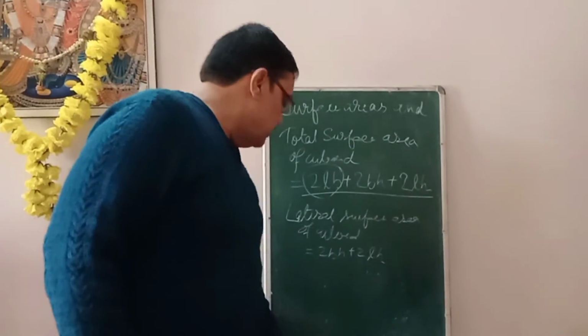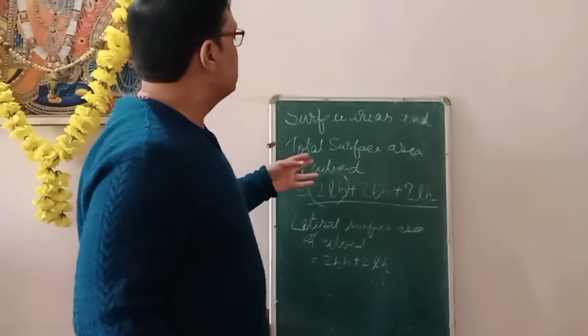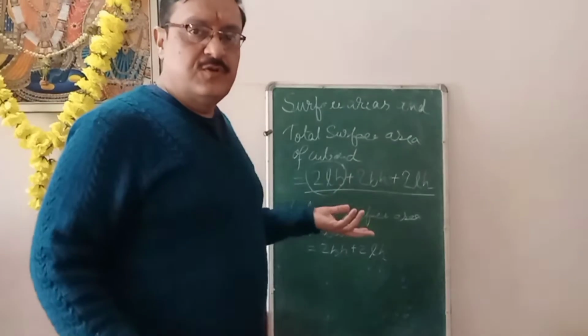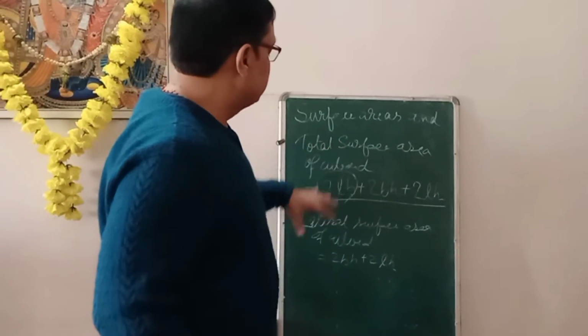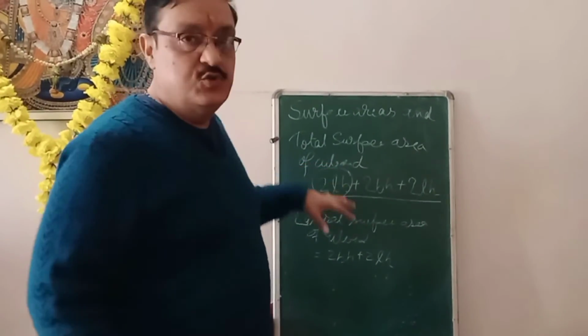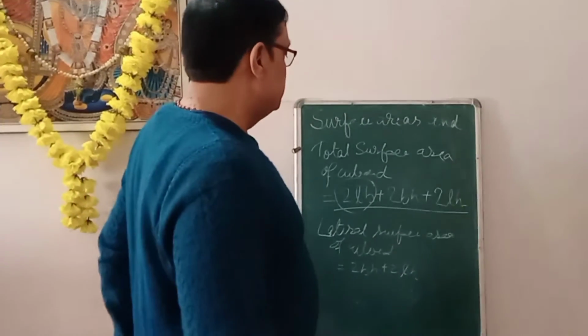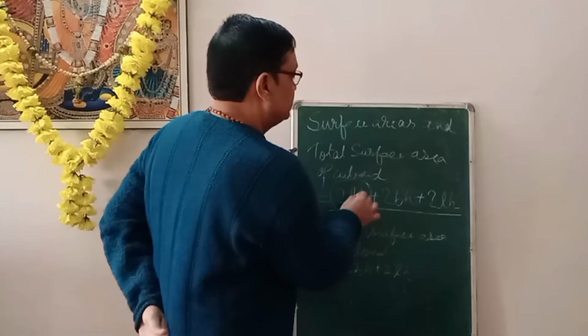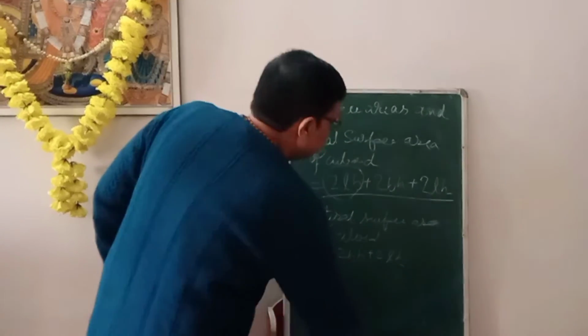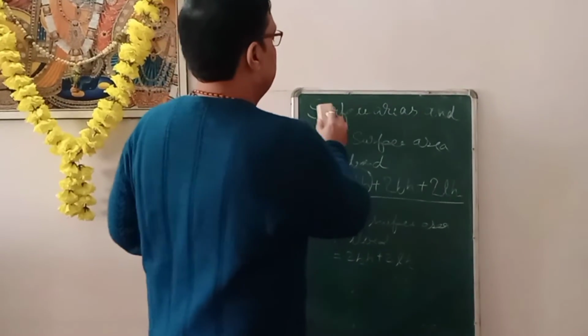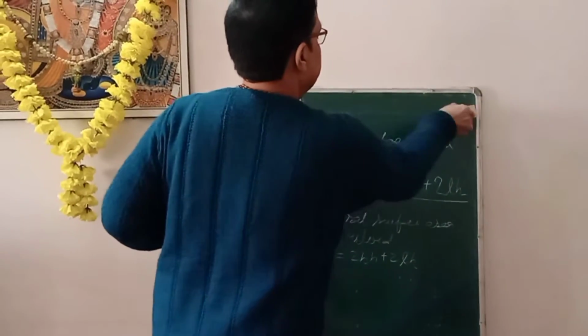Based on this, we should also know the total surface area and lateral surface area of a cube.